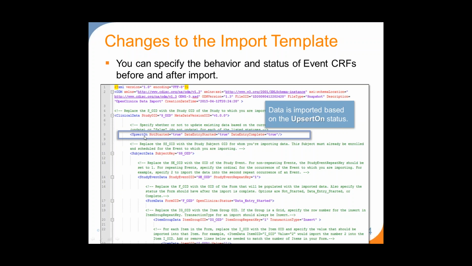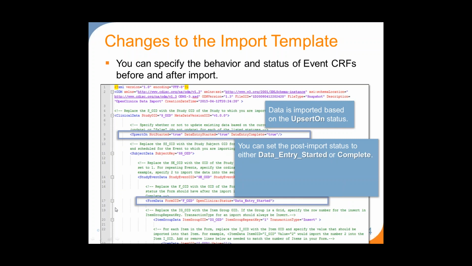We added this upsert on tag, and your choices are not started, data entry started, or data entry complete, and you can set these to either true or false, depending on what you want to import. For example, if you do not want to overwrite data that's already been marked complete, set data entry complete to false.